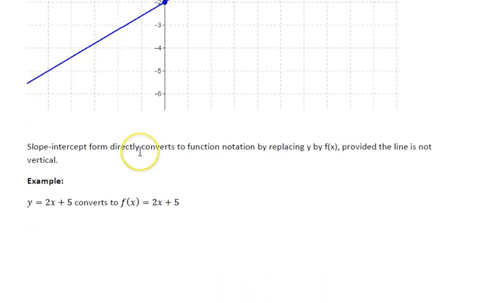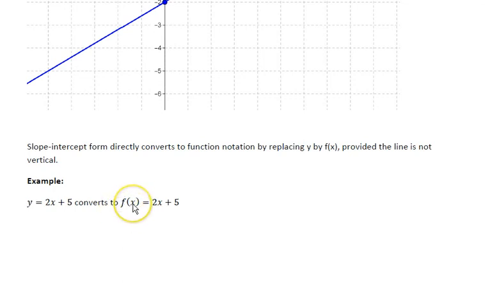Slope-intercept form directly converts to function notation by replacing y by f of x, provided the line is not vertical. For example, y equals 2x plus 5 converts to f of x equals 2x plus 5. Here, the function name is f. This is the notation for the whole function.